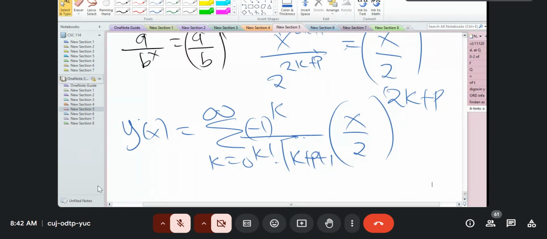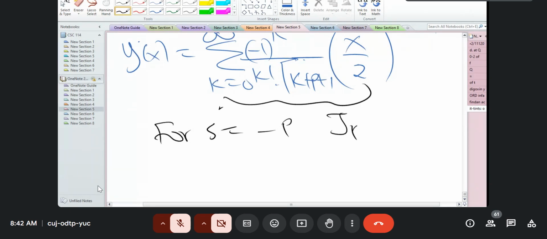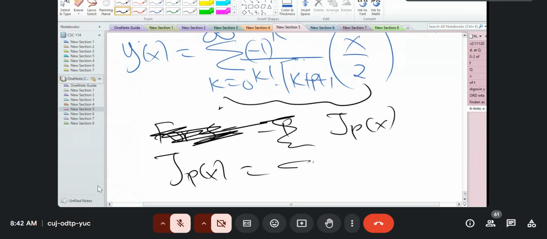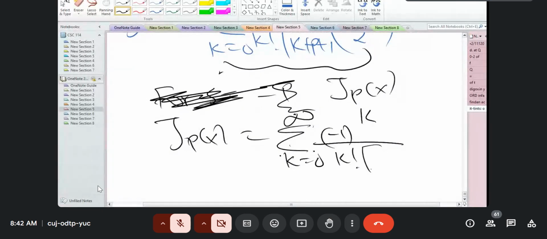So the index s equals minus p. For s equals minus p. So the whole of this expression is what is known as J p of x. So J p of x is the summation from k is 0 to infinity minus 1 power k divided by k factorial gamma of k plus p plus 1 times x over 2 raised to 2k minus p.